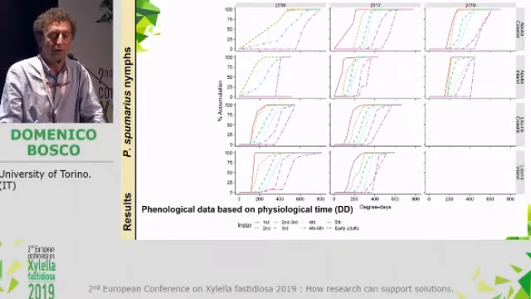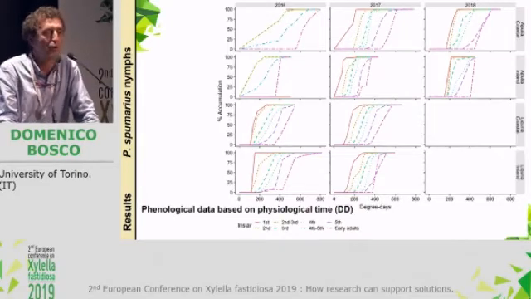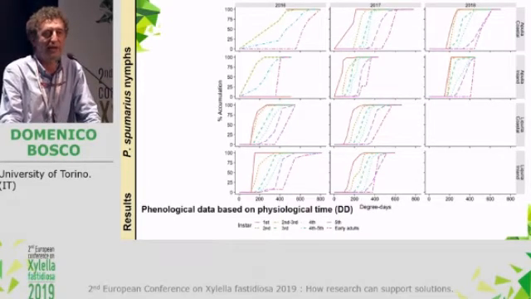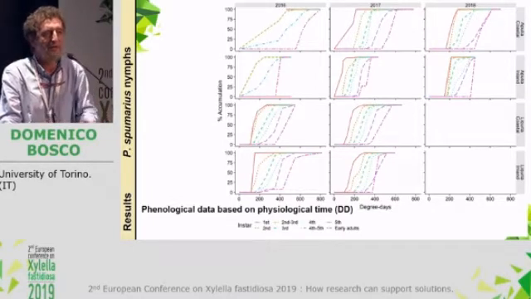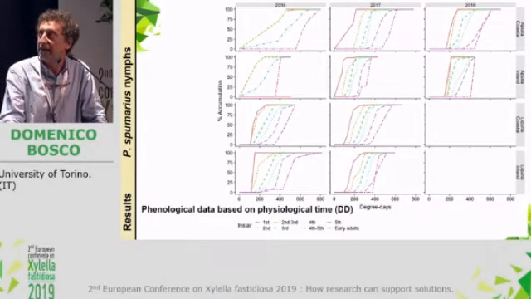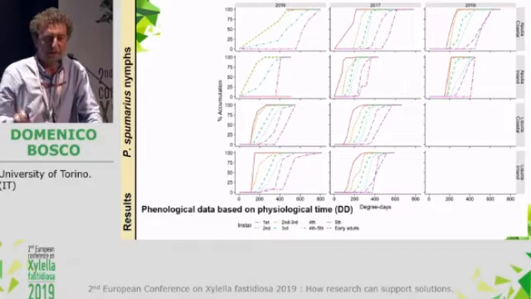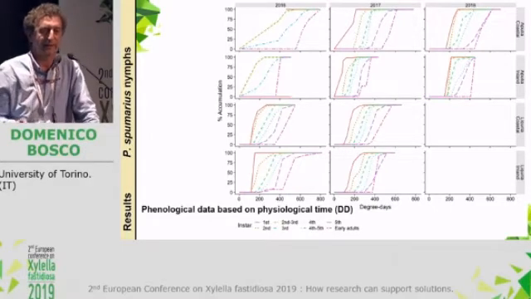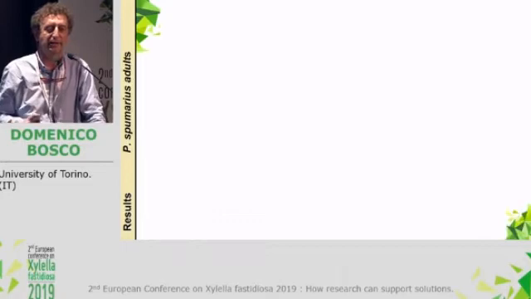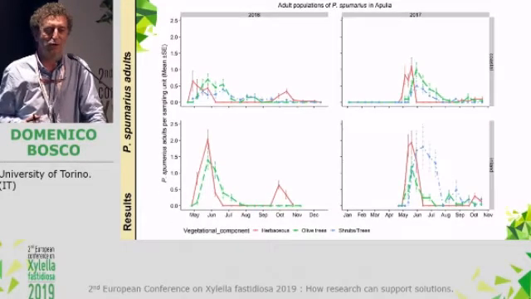When we refer not to the chronological date but to the phenological date, that means we try to calculate the degree days needed for the appearance of the different life stages. These data are not so constant and differ among sites, and the reason for that will be discussed in the conclusion. But these data are not as constant as the chronological ones.